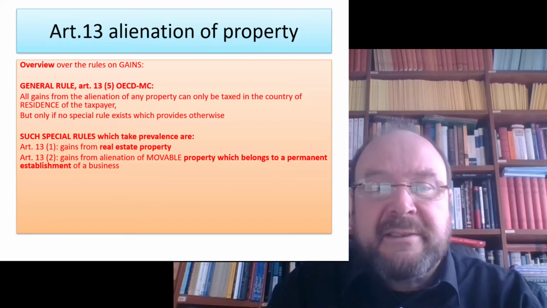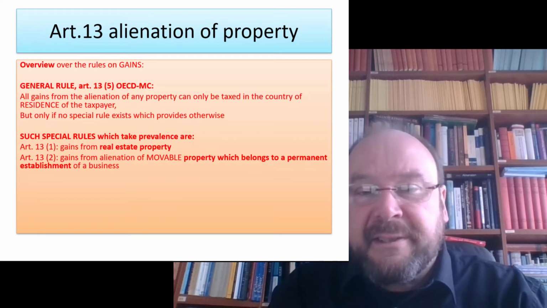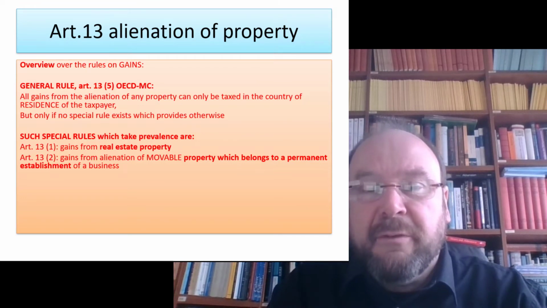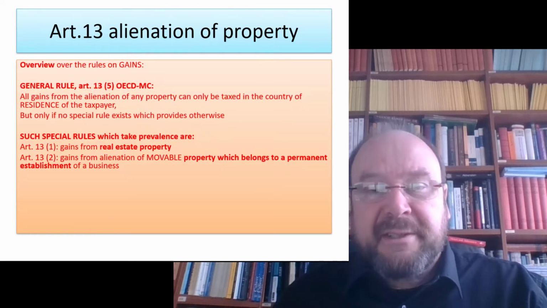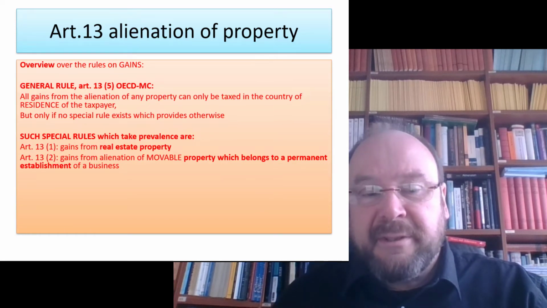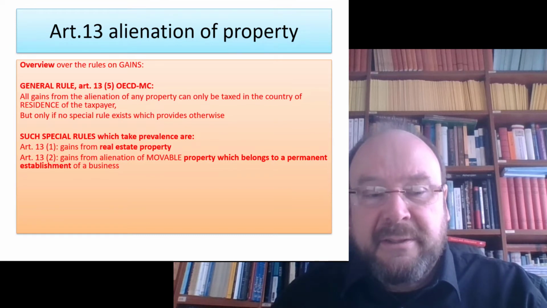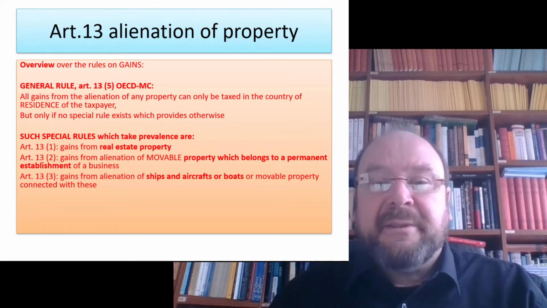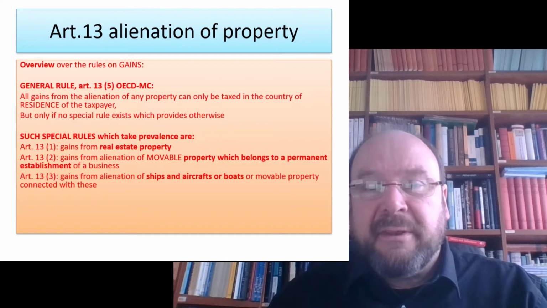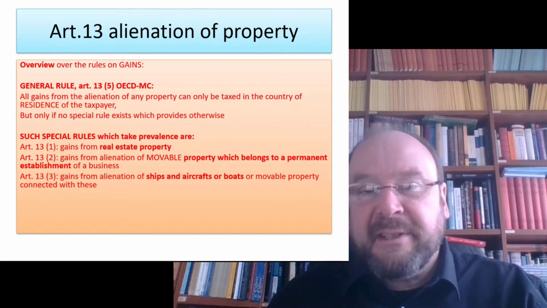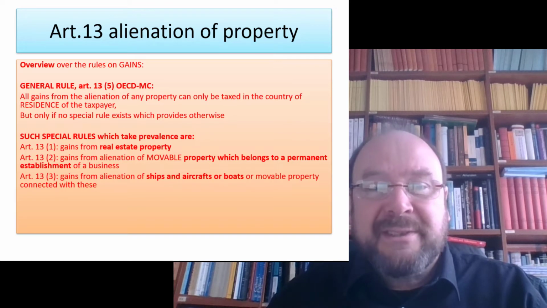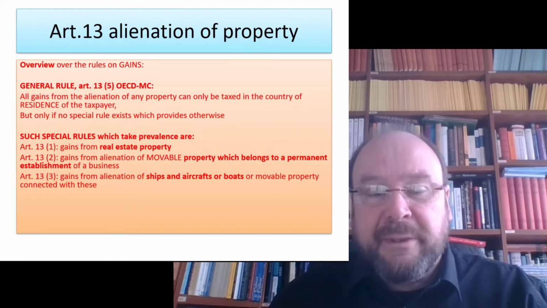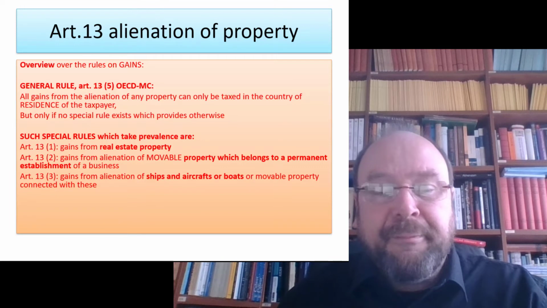So what remains to be regulated is Article 13.2, the movable property which belongs to a PE, that will be taxed where the permanent establishment is situated. And Article 13.3 is a special rule on the gain from selling ships, aircraft operating in international traffic, or boats operating in inland waterways, transport activities.